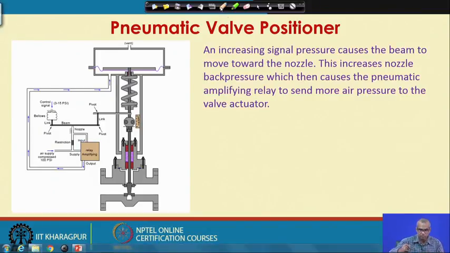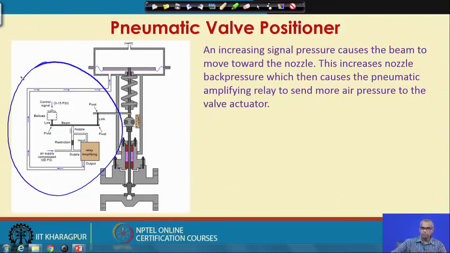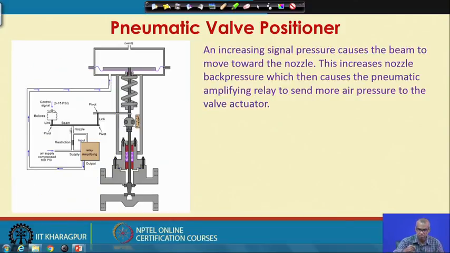So, the pneumatic valve positioner can work on the principle of flapper and nozzle systems that we have talked about earlier. An increasing signal pressure causes the beam to move towards the nozzle.